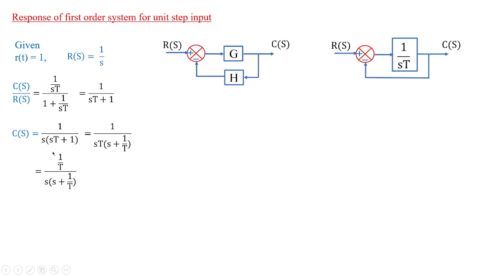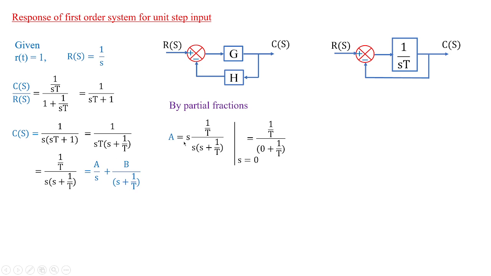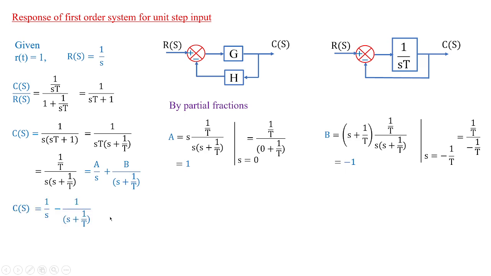The simplification we have done, and we have employed R(s) equal to 1 by s, and the output C(s) changed to A by s plus B by s plus 1 by T. With the help of partial fractions, we got the value of A, which was 1, and B, which was minus 1. We substituted the values of the constants A and B and applied inverse Laplace to the above equation, and we got C(t) as 1 minus e to the power of minus t by tau.